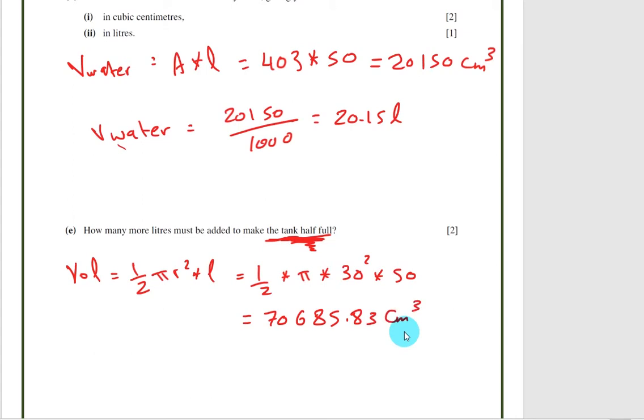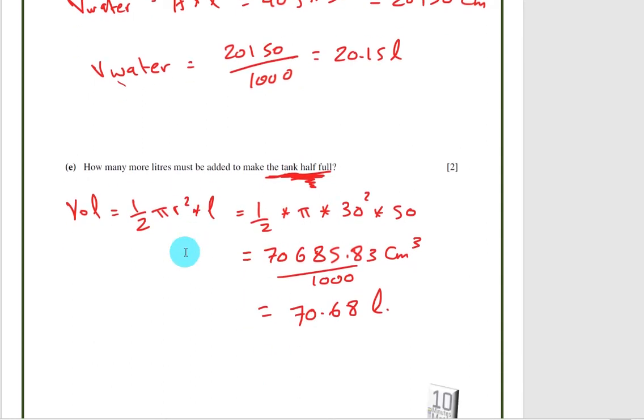centimeter cube. We divide it by 1,000, and it will equal 70.68 liters. So how much water do I need to add?